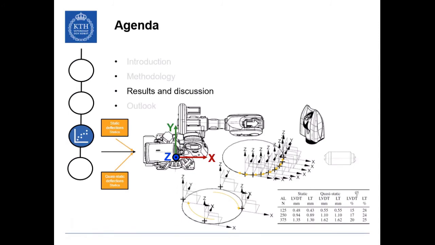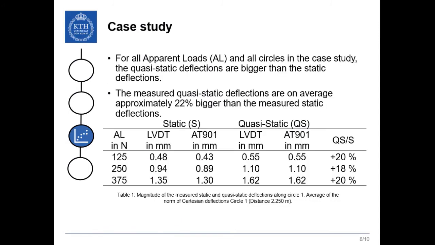Results and discussion. Case study. The magnitude of the static and quasi-static deflections along circle 1 for apparent loads of 125, 250 and 375 Newton can be seen in the tables on the bottom.